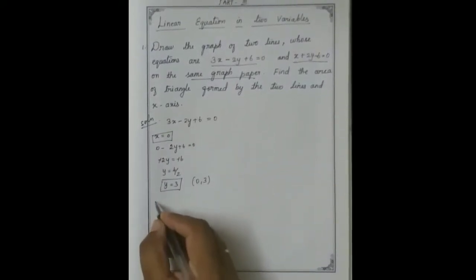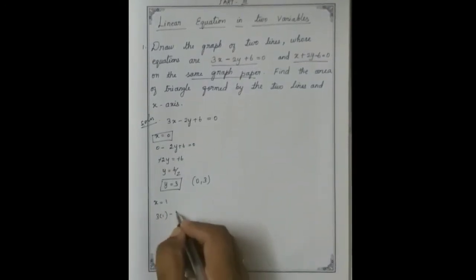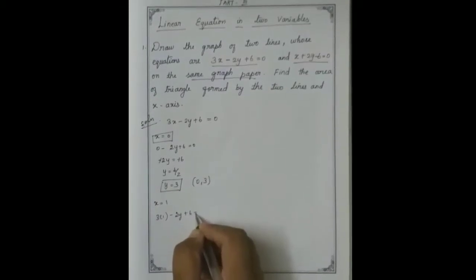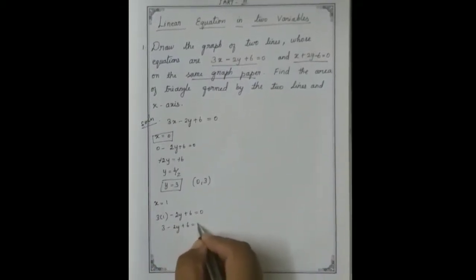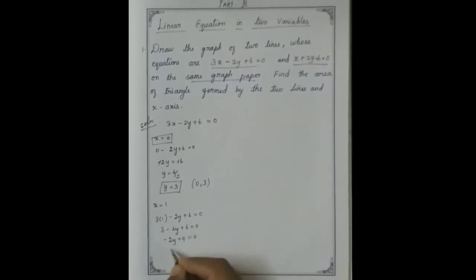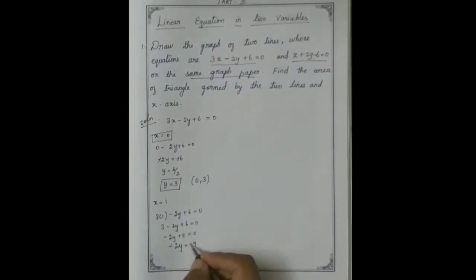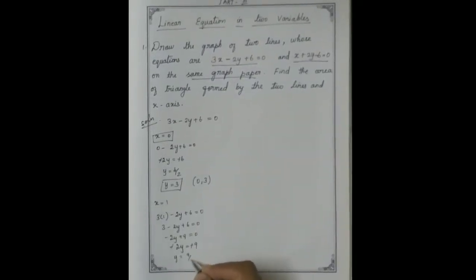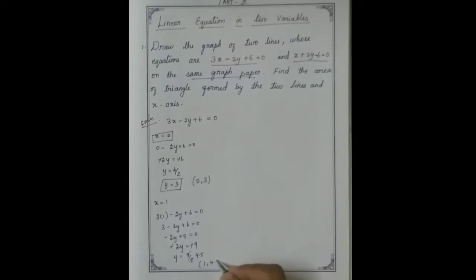Similarly the next one, x is equal to 1, so 3 into 1 minus 2y plus 6 equal to 0, therefore 3 minus 2y plus 6 equal to 0, minus 2y plus 9 equal to 0, minus 2y is equal to minus 9, so minus minus get cancelled and y is equal to 9 by 2, it's nothing but 4.5. So when x is equal to 1, the y value is 4.5.